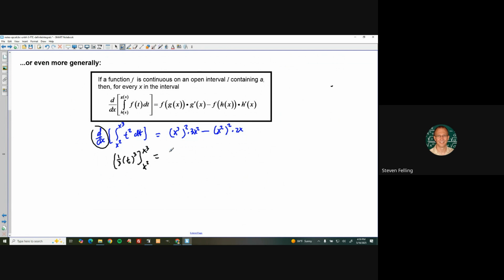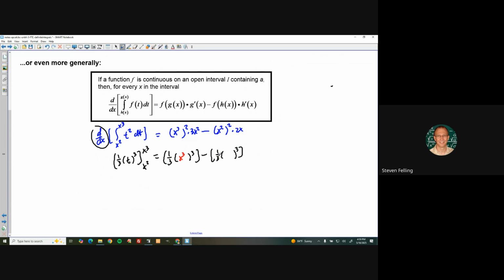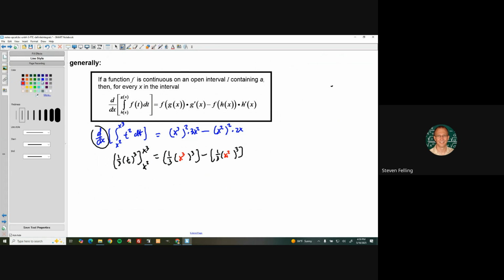So it's going to be 1/3 times something cubed minus 1/3 times something cubed. And we'll plug in the x cubed over here, and we'll plug in the x squared over here. Right? Then we will take the derivative of that result.